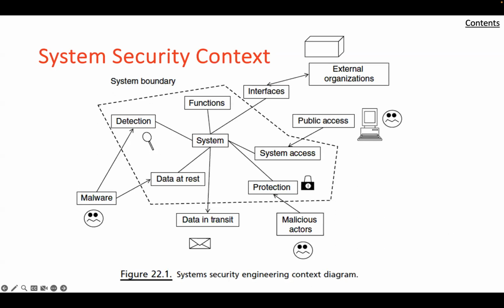So in this figure, we provide a context diagram view of the system security, which helps to identify areas to look holistically at the entire system concept and ask several questions. One, what are the most critical functions of the system? If they were corrupted or degraded, would the system be able to complete its mission?